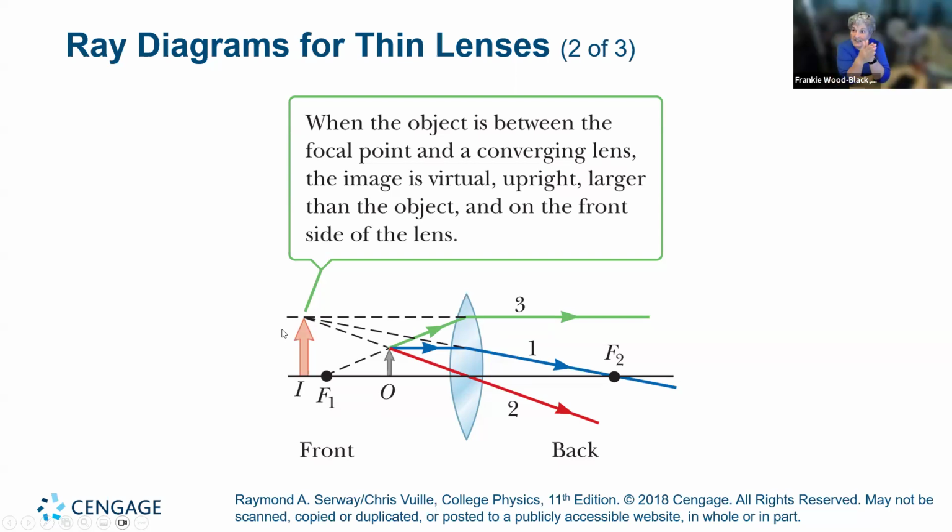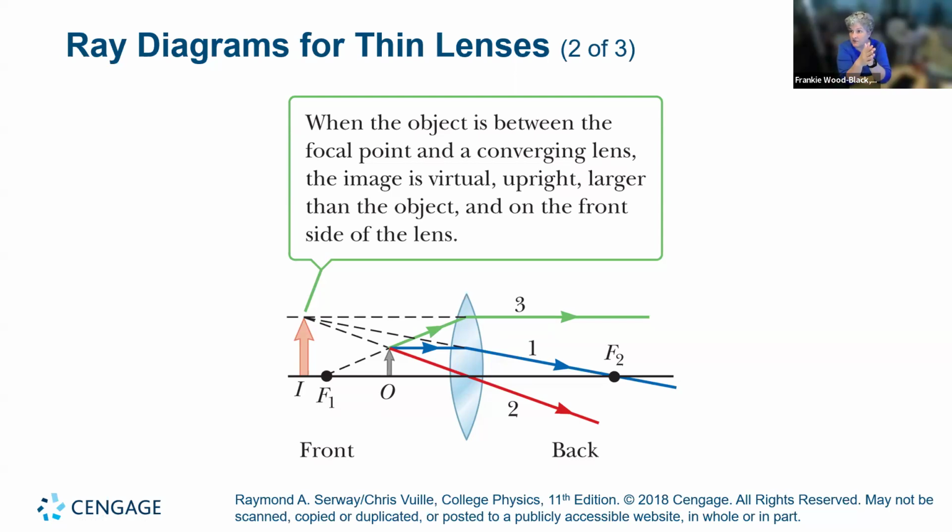So on your exam, you're going to have a thin lens problem, usually a thin lens problem with a converging lens and a thin lens problem with a diverging lens. You will have a mirror problem that you have to do, just like what you're going to see in the homework.